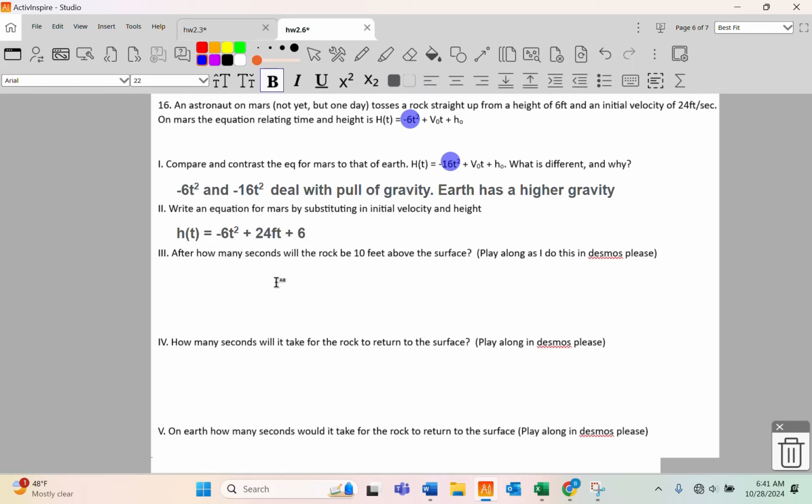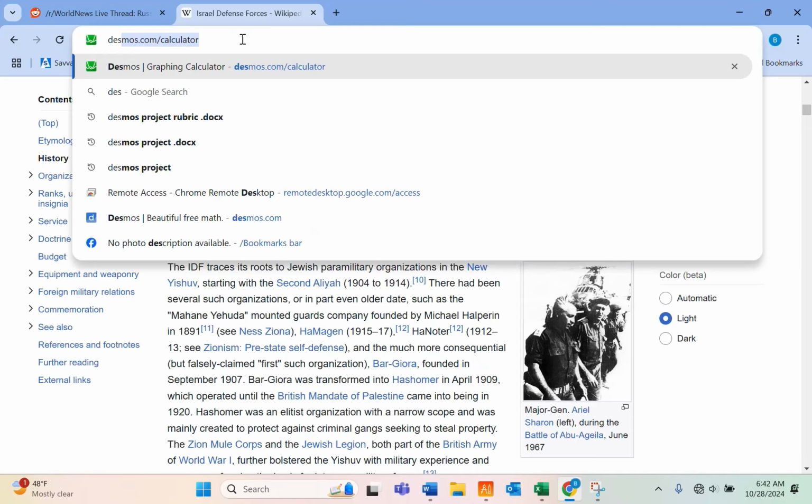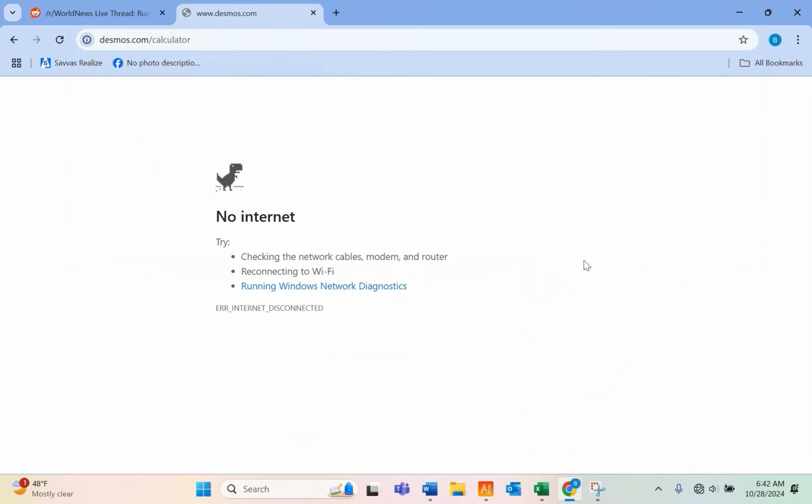All right, how many seconds will the rock be 10 feet above the surface? You need to at least write this down. You're replacing the height with 10. And we're going to use Desmos to solve it. You know you're allowed to use Desmos on your end of course test. So we're going to use Desmos to do it. Apparently I have no internet.